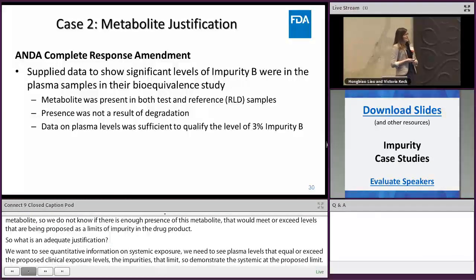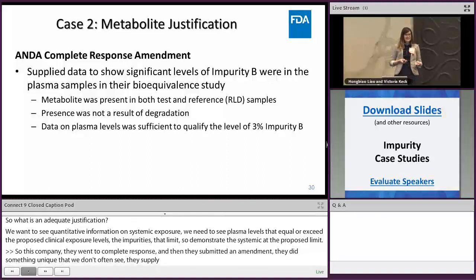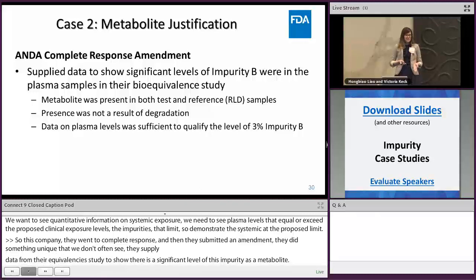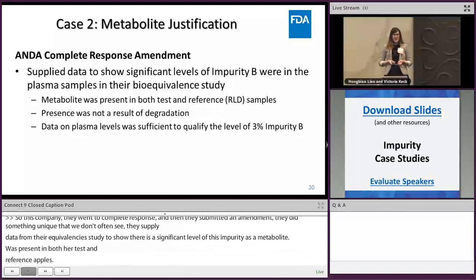They supplied data from their bioequivalence study to show that there was actually significant levels of this impurity as a metabolite. And it was present in both their test and reference samples. It was not a result of degradation, so it's not expected to go up over time. And the data on plasma levels was sufficient to qualify the impurity at the level of 3% because they're able to show that it was in much higher levels as a metabolite.